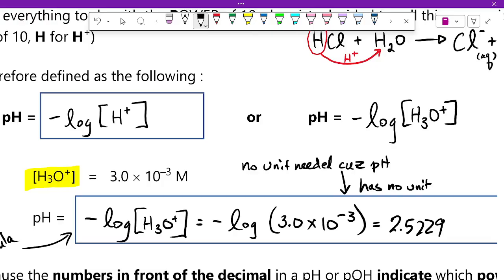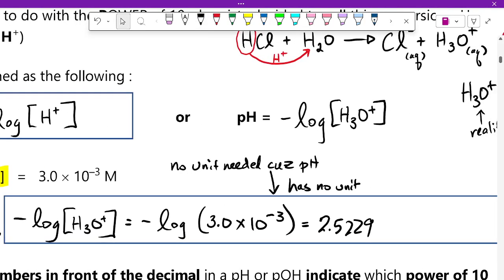Now, what should we round that to? 2.5? Now, how many sig figs here? 2 sig figs. And this number has been logged.